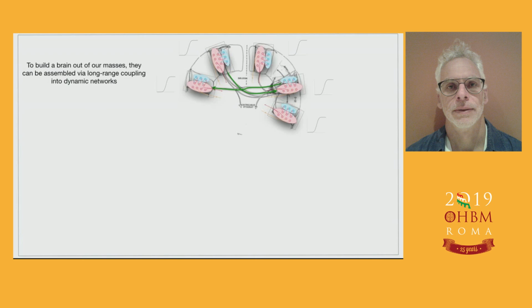In the last 3 or 4 minutes, I'm just going to preempt some work that Johanna will be filling out, and that is taking these masses and coupling them together into larger ensembles. Many of you have probably heard of this approach using connectivity data, either tracing studies in primate or diffusion-based connectomes in human. So here's our ensemble of neural masses. They've all got these gain functions.